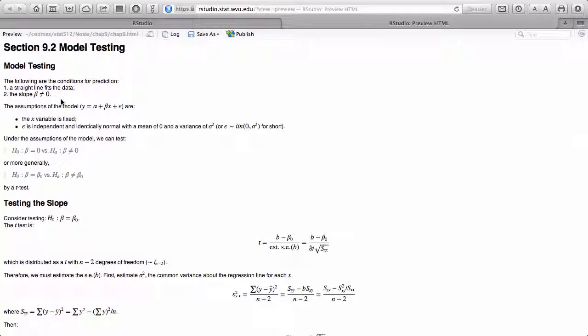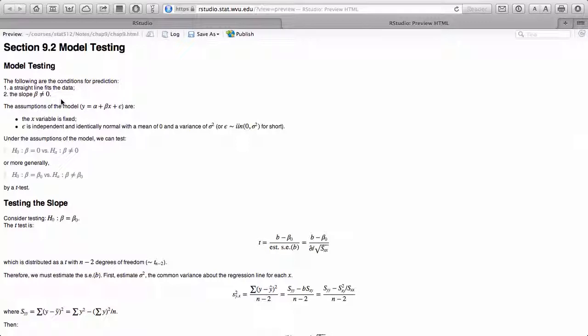But if beta is 0, then you really have no predictive power, because if b would be 0 or close to 0, then your estimated y is always about y bar. So you would estimate the mean. You wouldn't have any predictability, because knowing the age wouldn't tell you anything about systolic blood pressure if there was no relationship between age and systolic blood pressure. So we're assuming that beta is not equal to 0, which gives us predictive power.